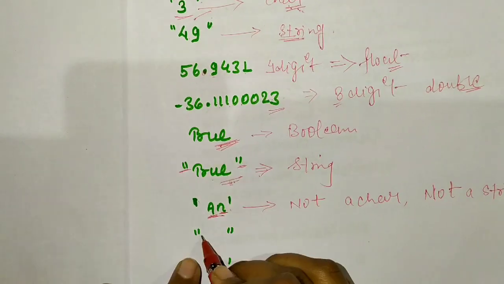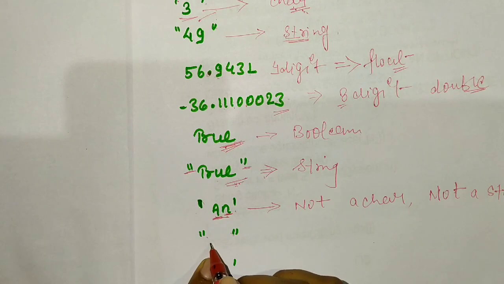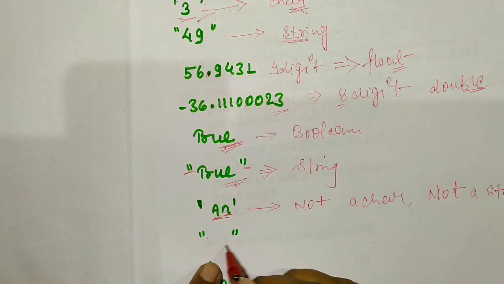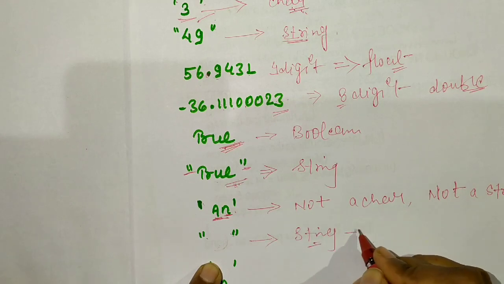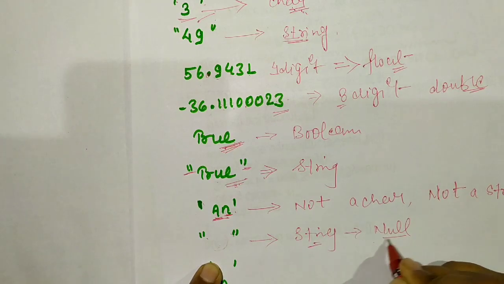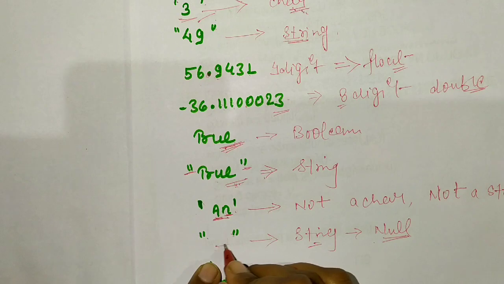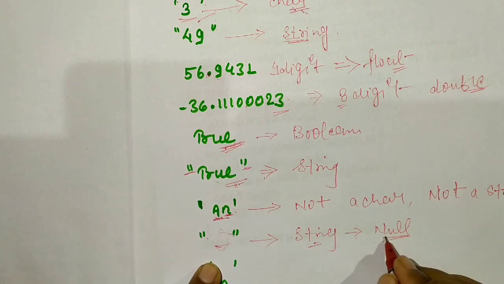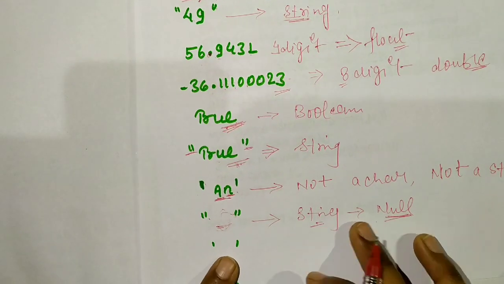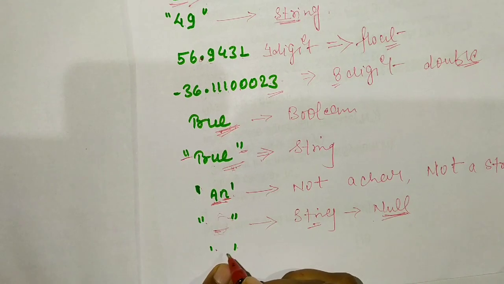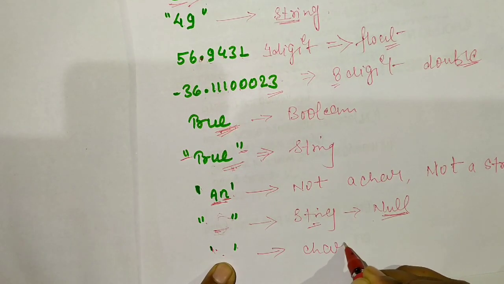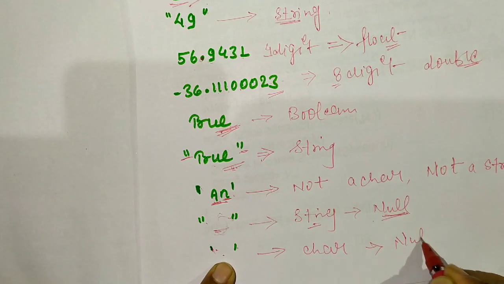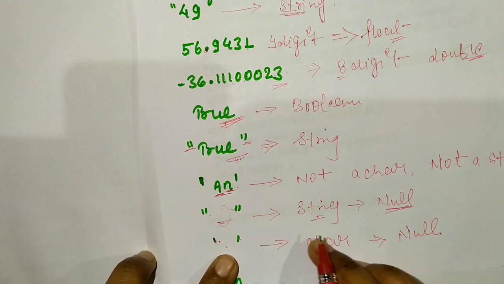Next, double quote. In double quote there is blank space, nothing in between, so this is also a string, a null string, because it doesn't contain any value. Next one is single quote with nothing in between, so it is also a character, a null character, because it doesn't contain anything.